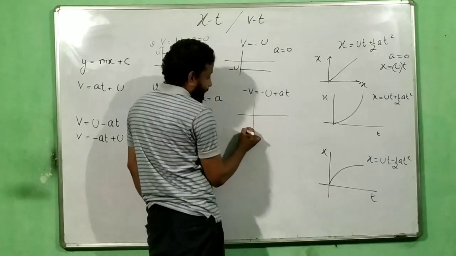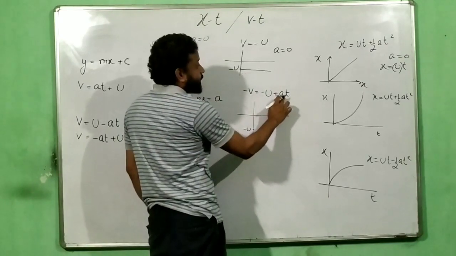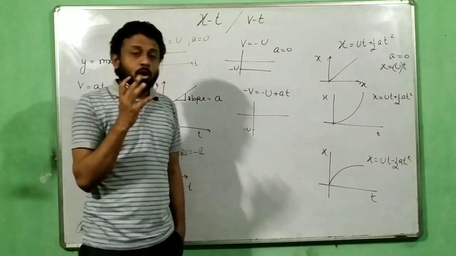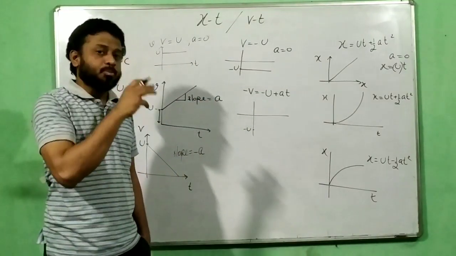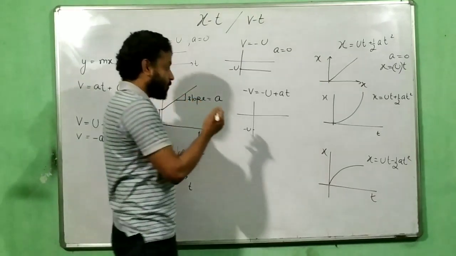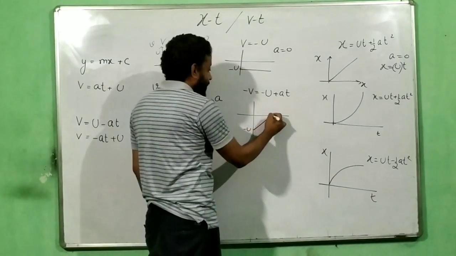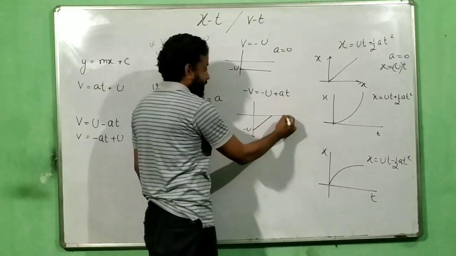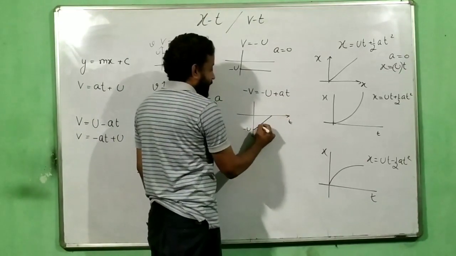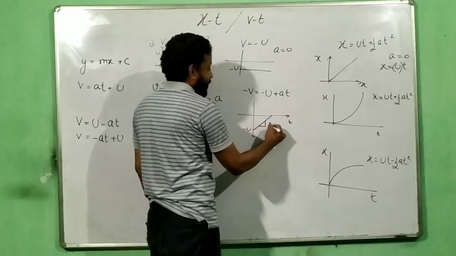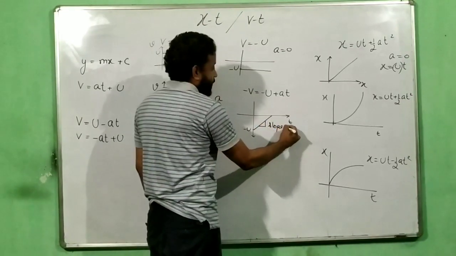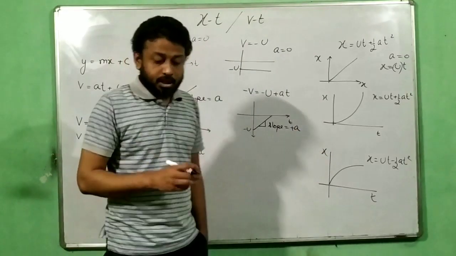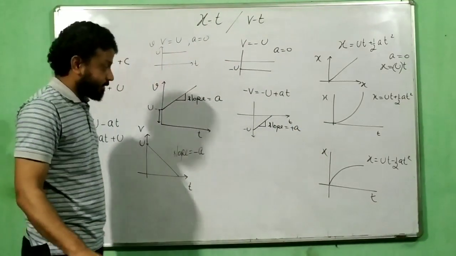So it will start from minus u and should have a positive slope. That means I am referring to a body whose velocity is negative but acceleration is positive. Correct? So for that case, the graph will be like this. This is my velocity and this is my time t, and this is a positive slope. Slope equals to plus a. Negative velocity and positive acceleration.